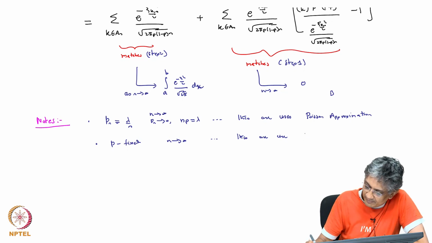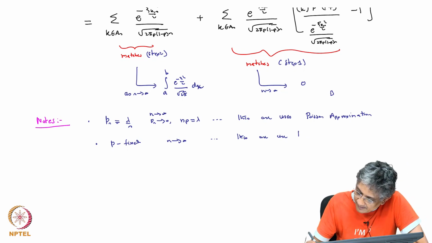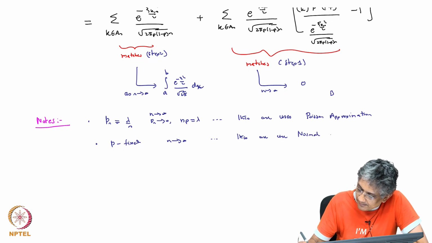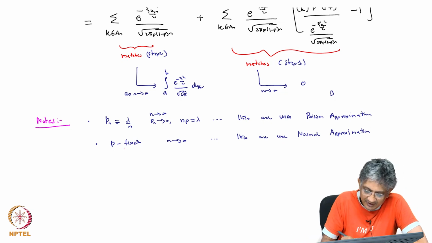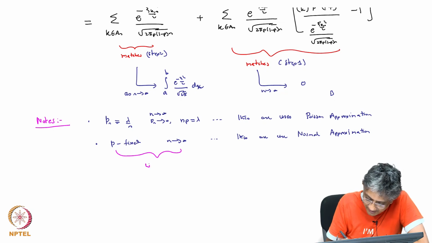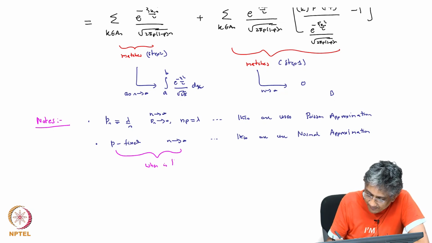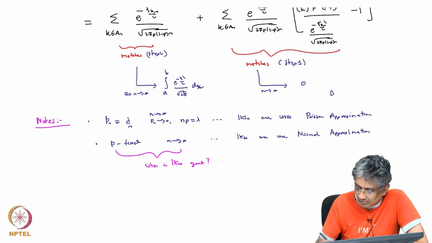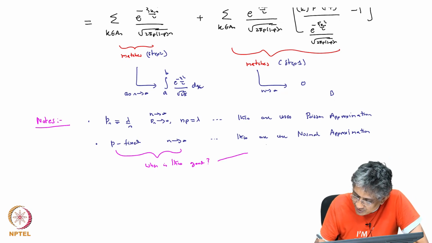Again, there is a small caveat here. One thing to think about is, when is this good? This is something one can check, which I will not show in this class.